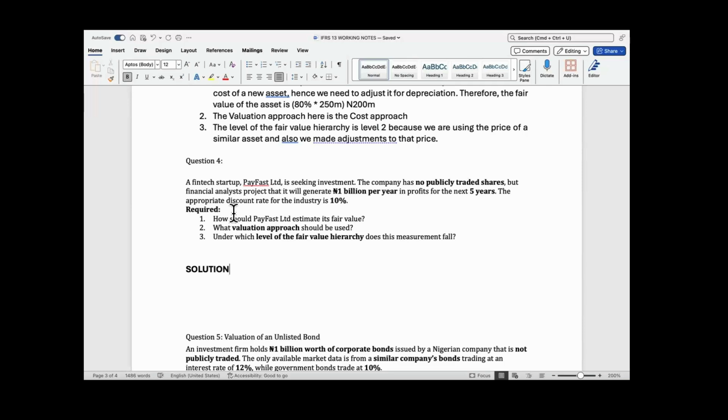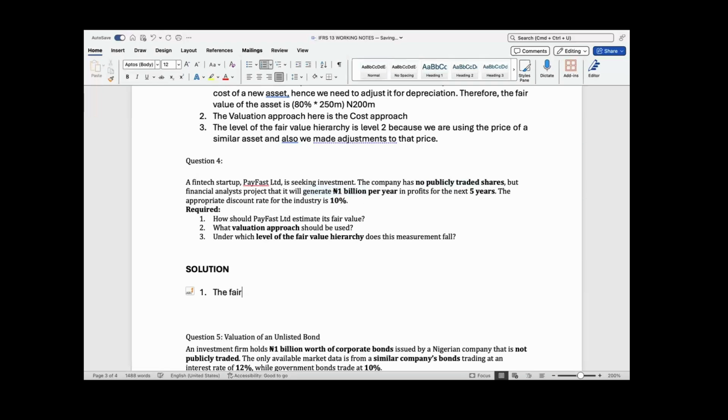Okay. So in this case now, we want to value a company. The company is not publicly traded. But analysts have projected that this company will generate 1 billion per year for the next 5 years, and the discount rate is 10%. So what's the fair value?